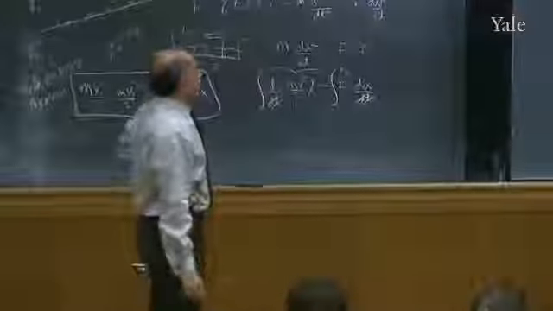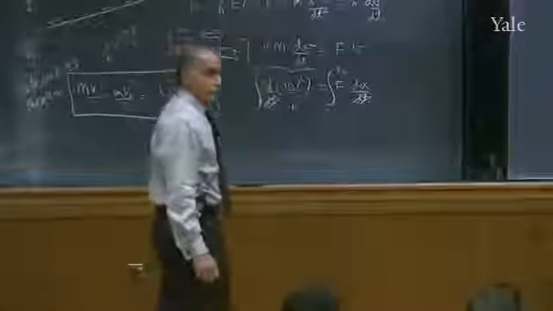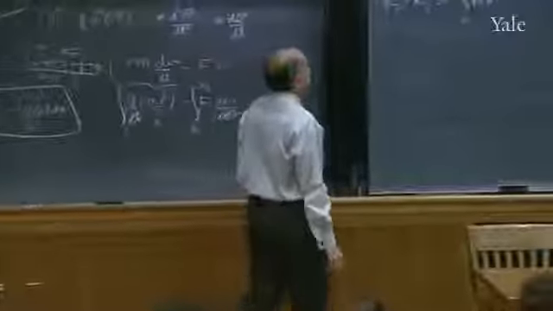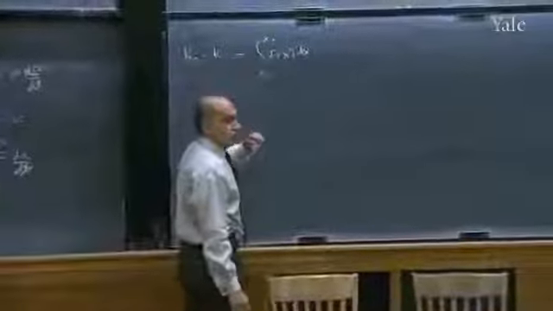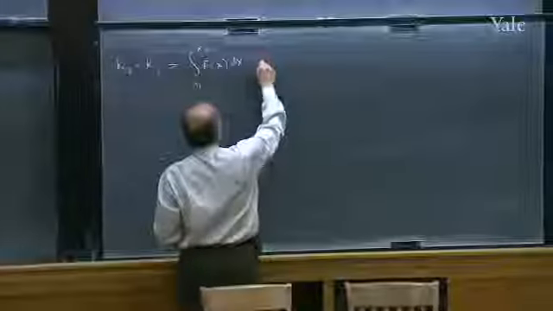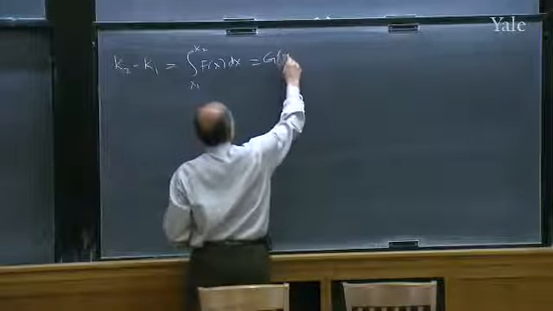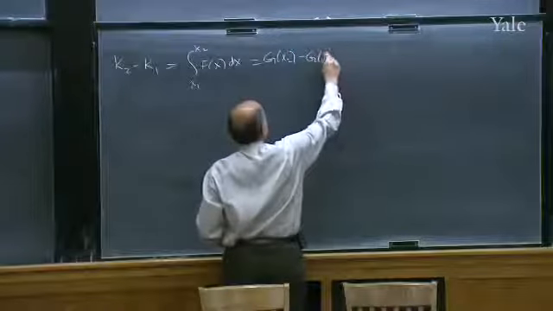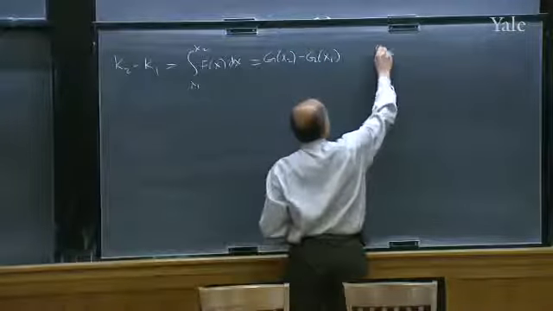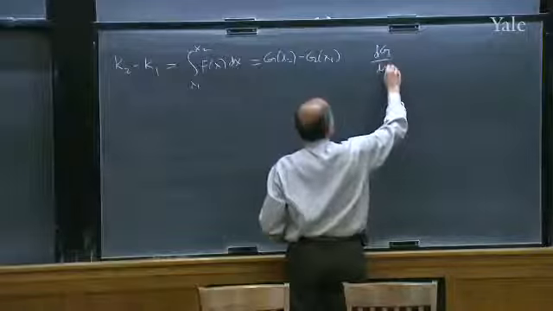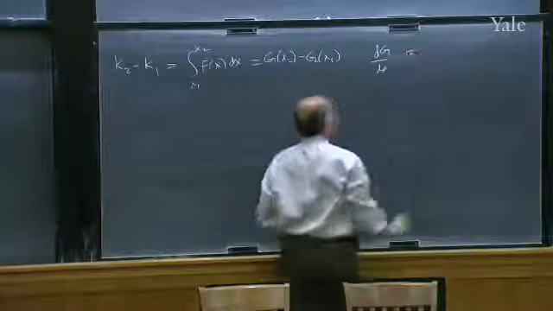Now, it's a fundamental result in calculus that the integral of any function of x from the point x1 to the point x2 can be written as g(x2) minus g(x1), where g is any function whose derivative is the F I'm integrating.